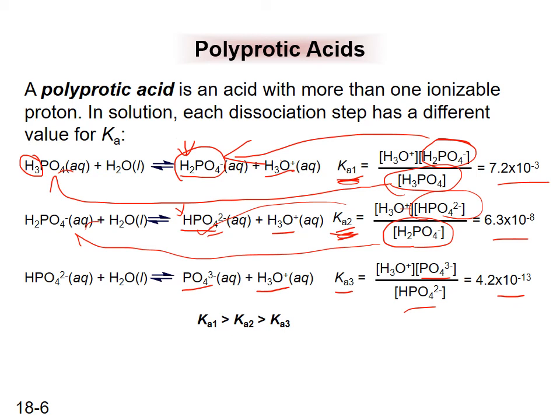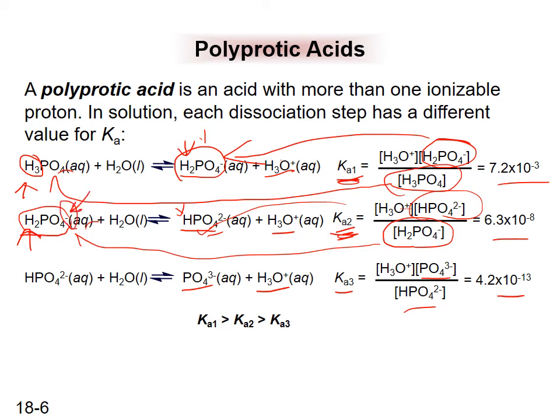Now this is not difficult to understand, because initially phosphoric acid has 3 hydrogens. When it forms dihydrogen phosphate, now you only have 2 hydrogens left. Also, the dihydrogen phosphate already has a negative charge.